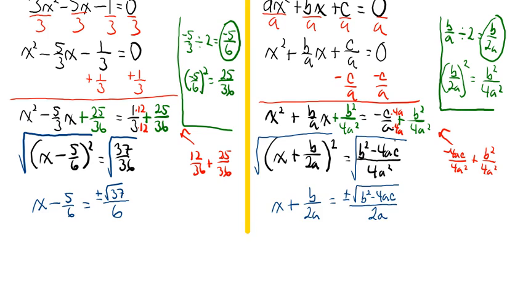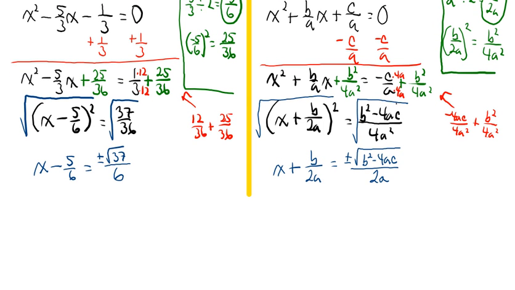All right? And now we're done. All I have left to do is to bring this over and make it positive. X equals positive 5 over 6 plus or minus the square root of 37 over 6.